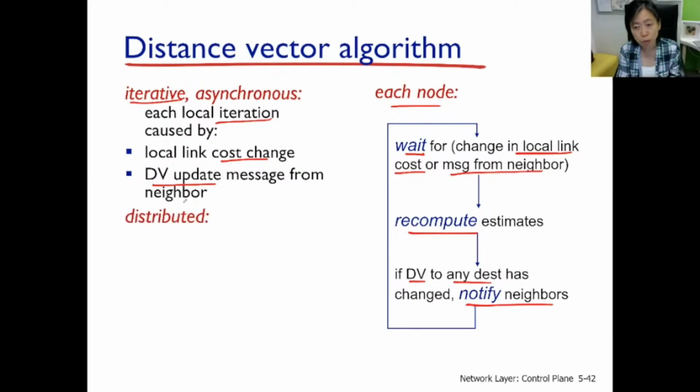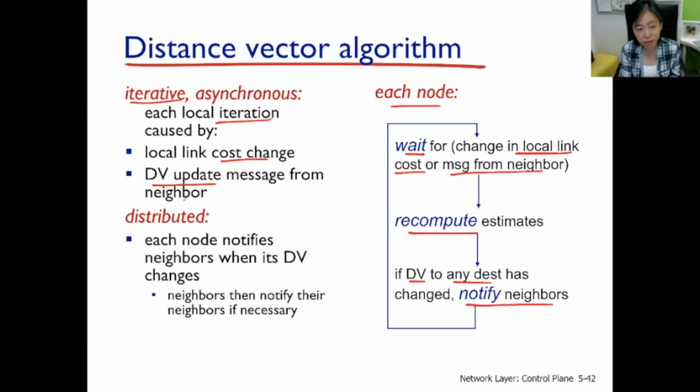It's also distributed, because one node can calculate and discover a better route and pass it to another node. So each node notifies the neighbors of a better route, and the neighbors then calculate an even better route and notify their neighbors. So in the end, they converge to the shortest path, but the effort is shared, distributed, and contributed by all the routers in the network.